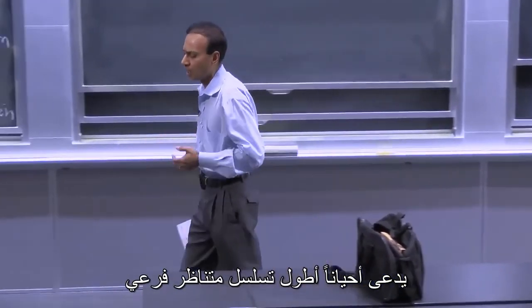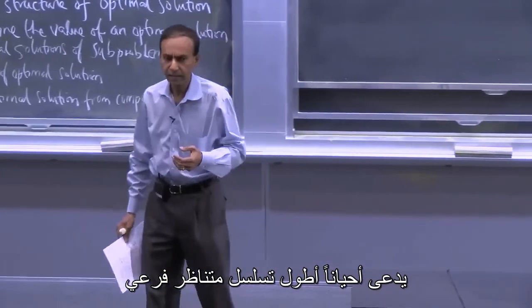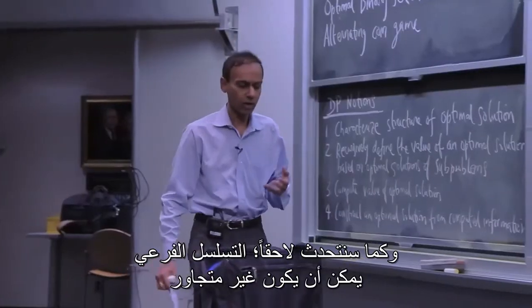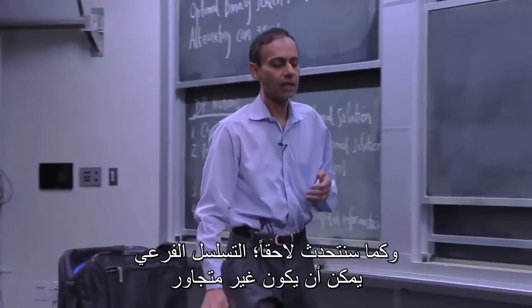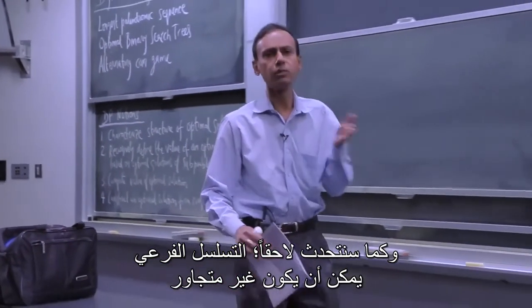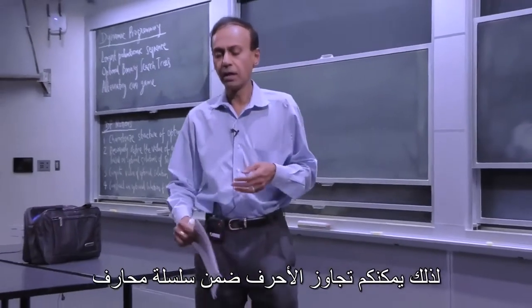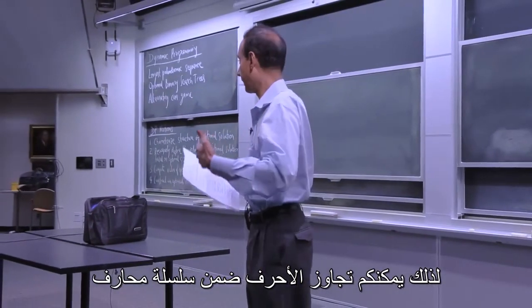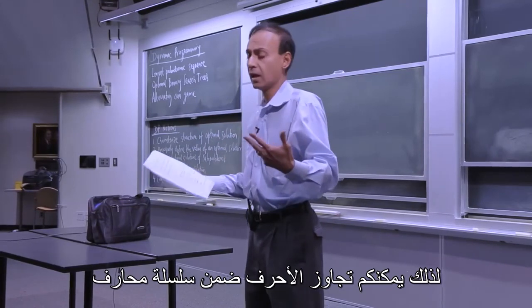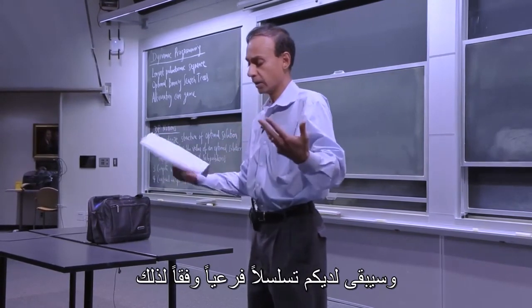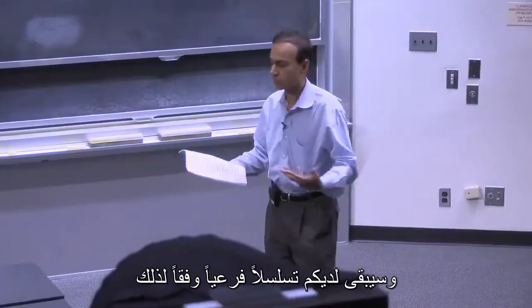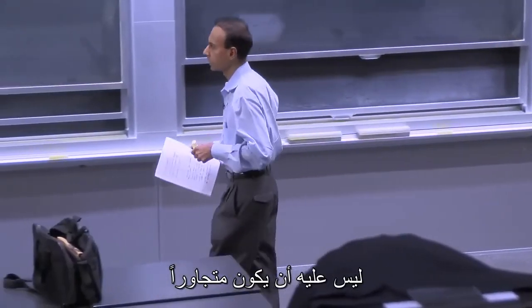Sometimes it's called longest palindromic subsequence. And as we'll talk about, a subsequence means that it can be non-contiguous. So you could skip letters in a sequence of letters, and you would still have a subsequence corresponding to that. They don't have to be contiguous.